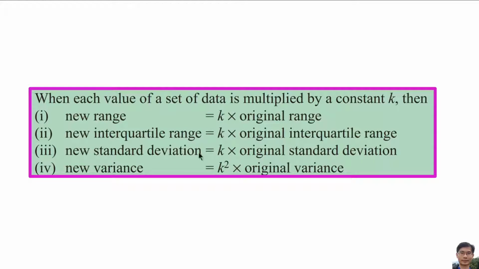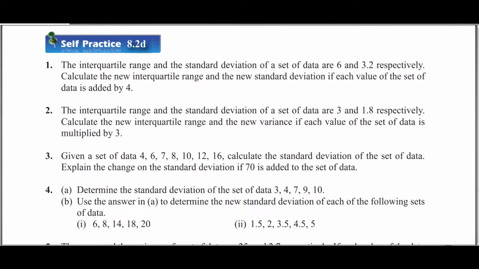So use this formula to find. And then number 3, we say explain the change of standard deviation if 70 is added to the set of data. What will happen?